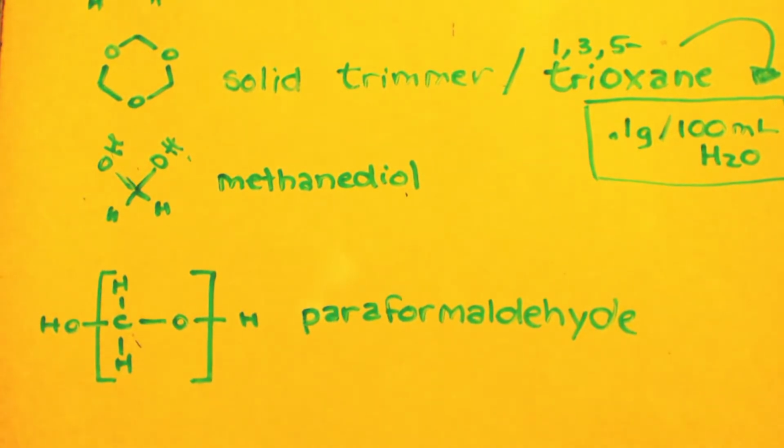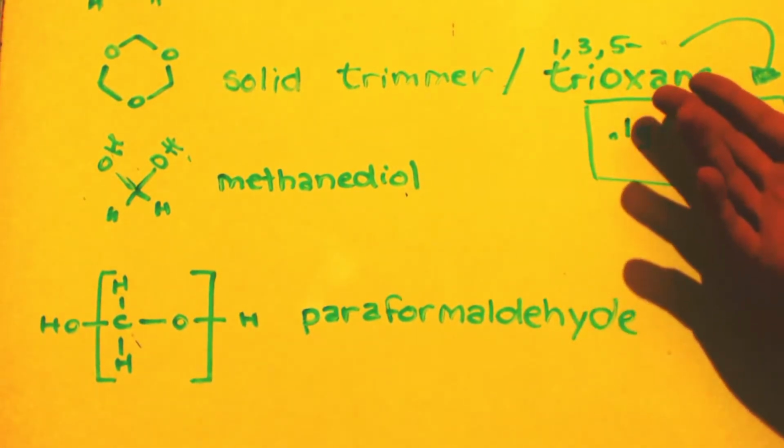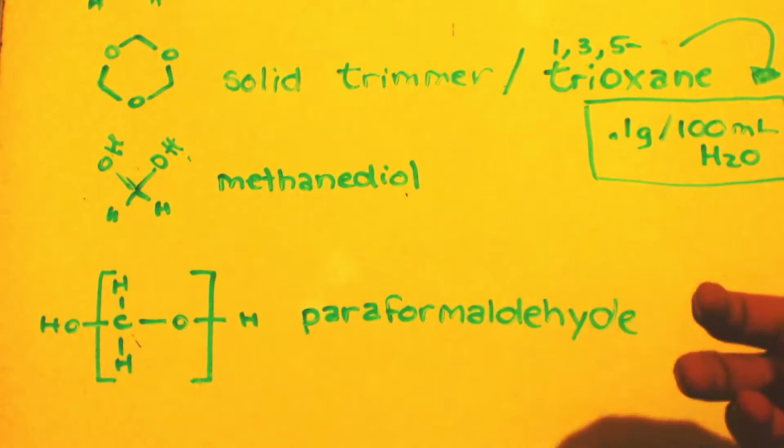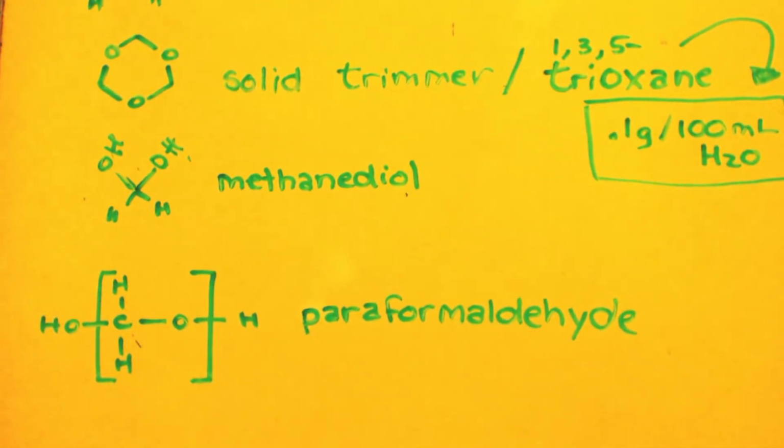Now, if you want, you buy it in a little brick, and you can chop it up in pieces because it's kind of like a clay. You can put the little chunks into a distillation apparatus and just distill.